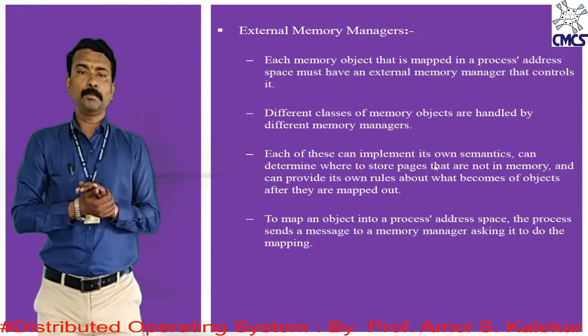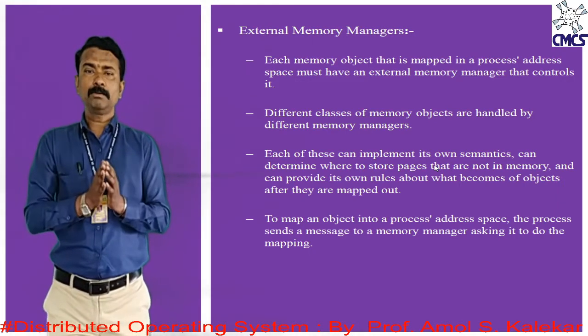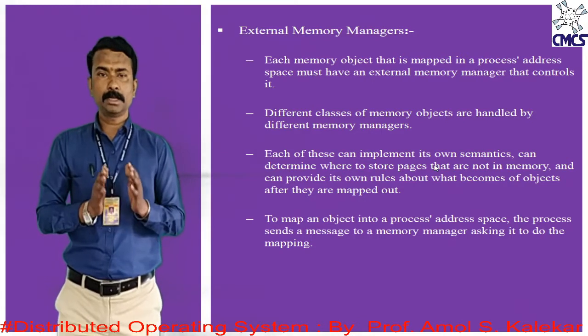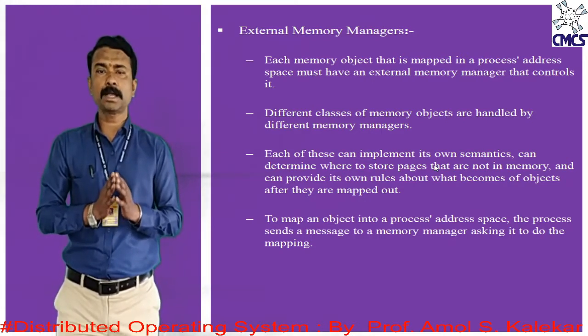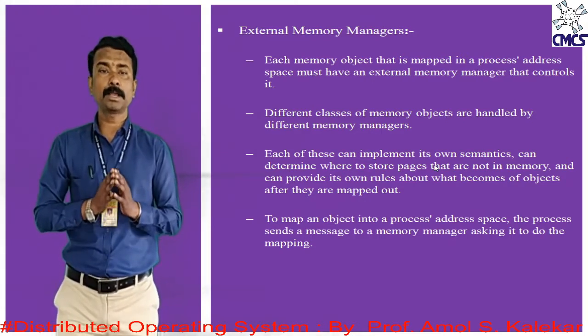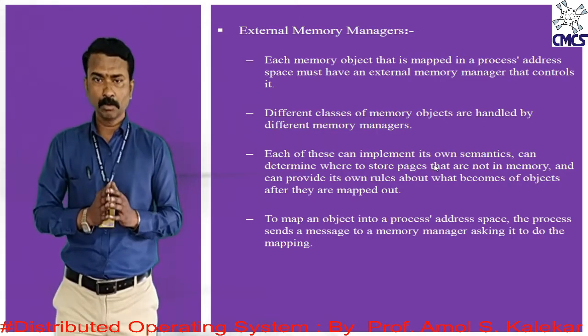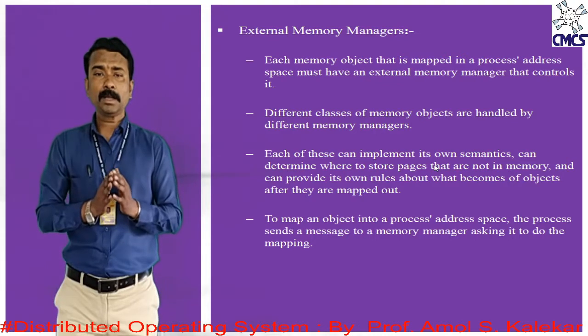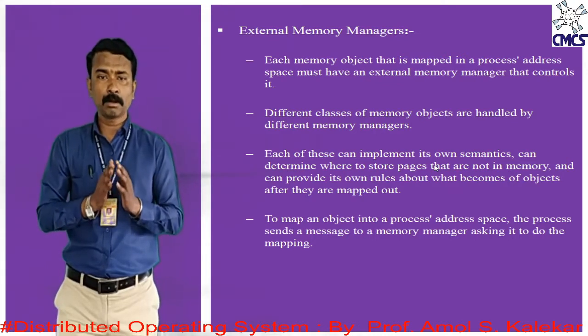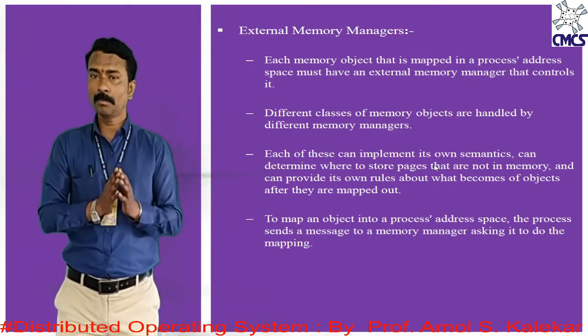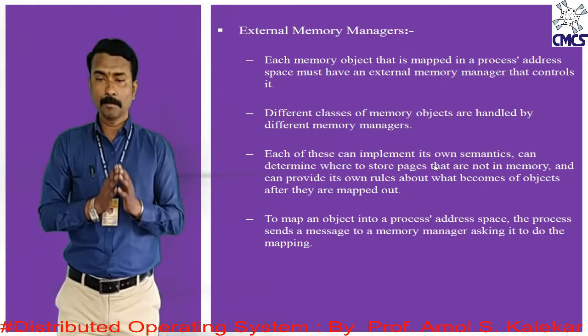The external memory managers. Now, each memory object that is mapped in the process address space must have an external memory manager that controls it. Okay, now the different classes of the memory objects are handled by the different memory managers.